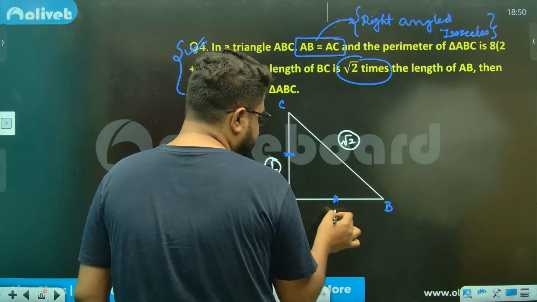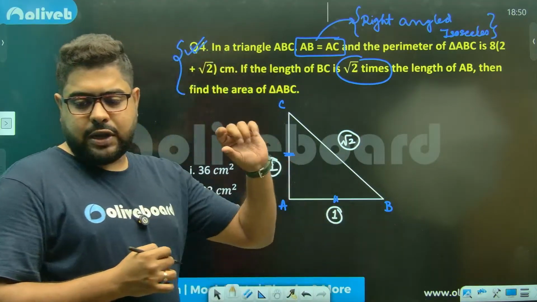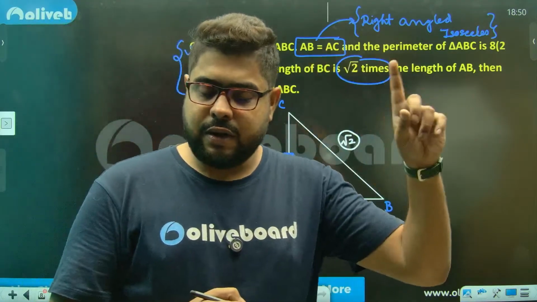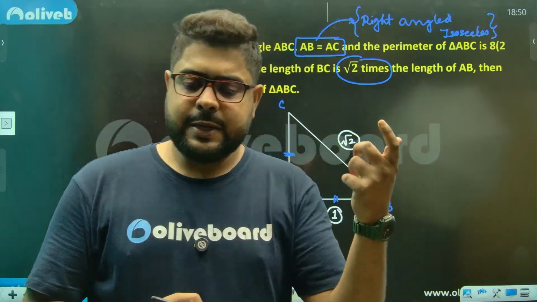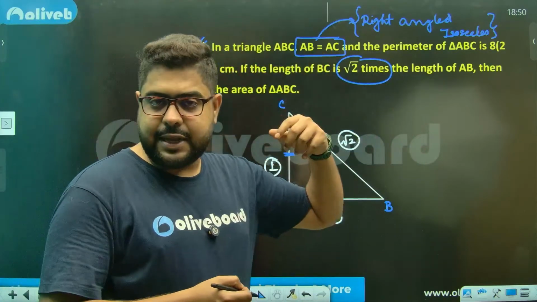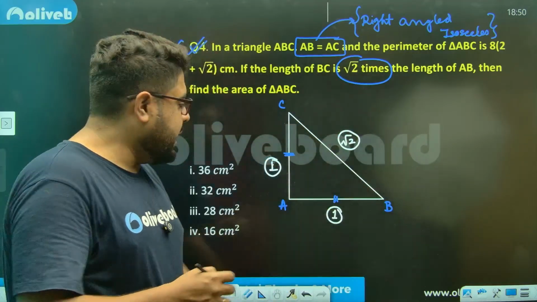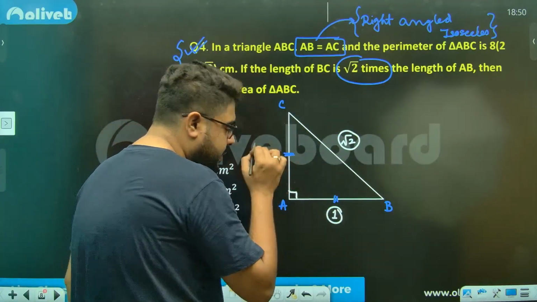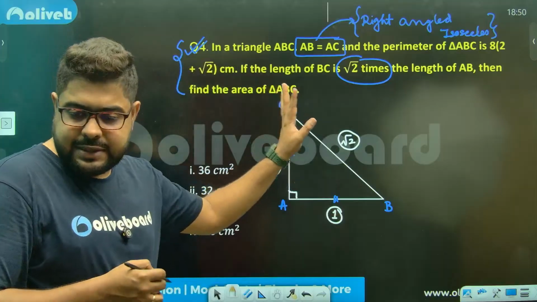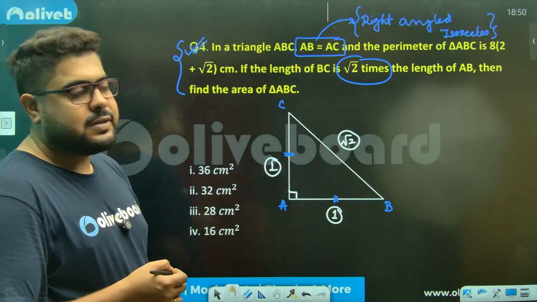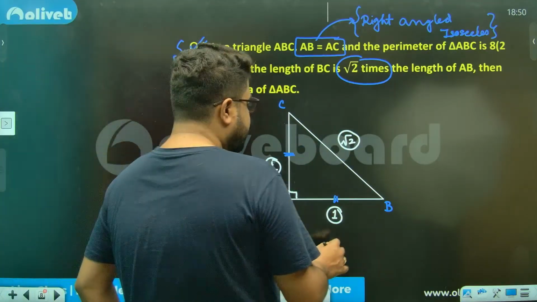Or you have learned this in the 45, 45, 90 triangle, in the height and distance chapter as well. This can only happen when this is 90 degrees. 45, 45, 90 has only this. This is given.